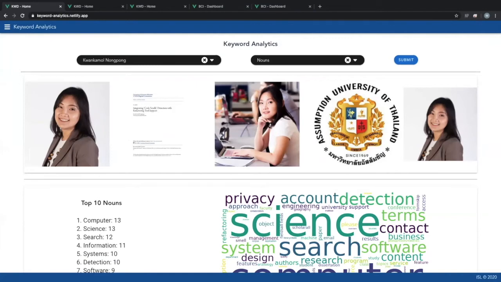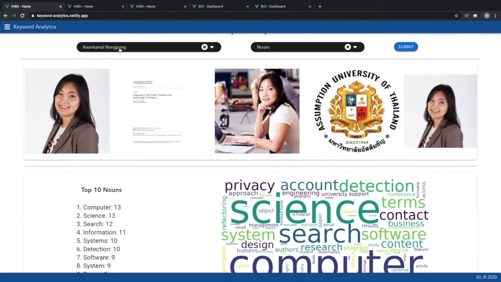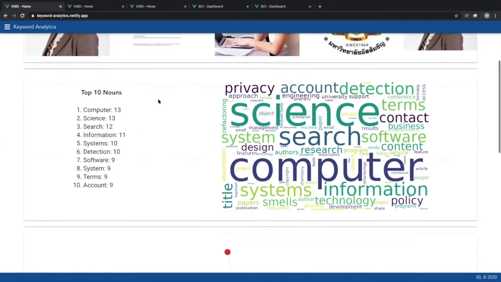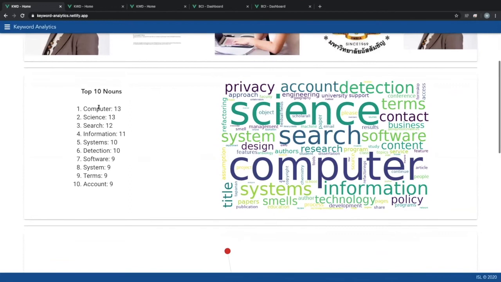Like in here, I search for Ajahn Khwan Kamon, and then we can see her picture and word cloud. You can see the named entity here is Ajahn Khwan Kamon, and this is her picture. These are the top 10 related terms that relate to her: computer science and search.